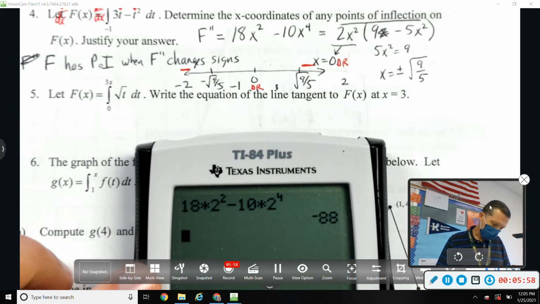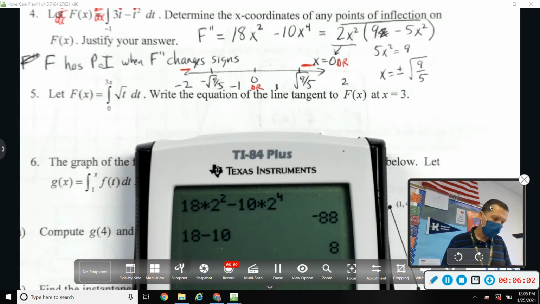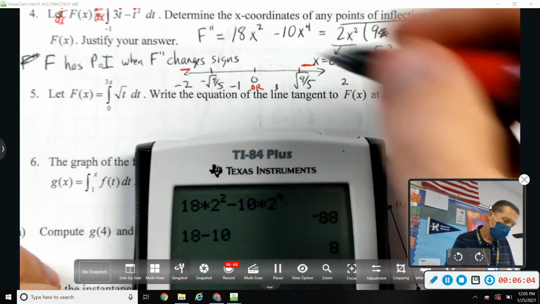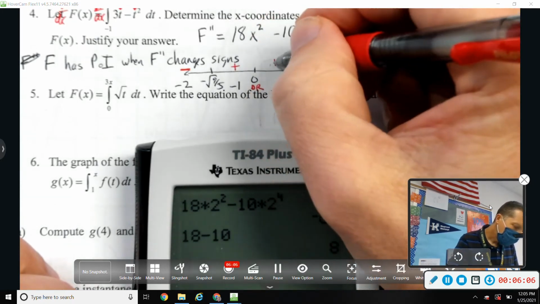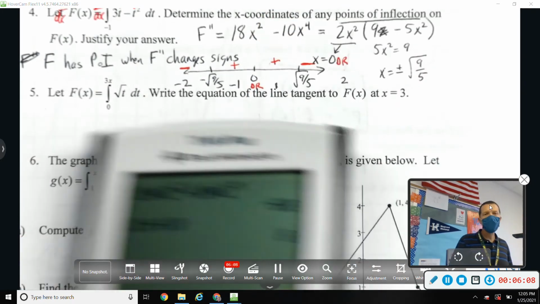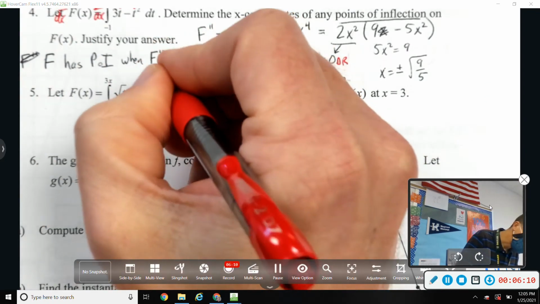And I bet if I plug in 1, well, that's an easy one. 18 minus 10 is positive. Those are the signs of f double prime.